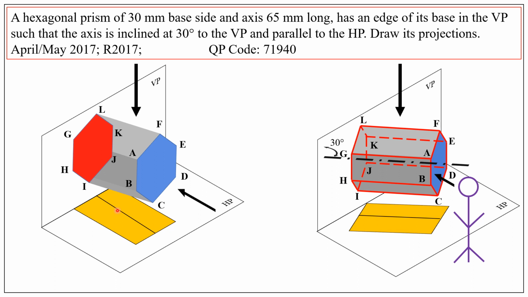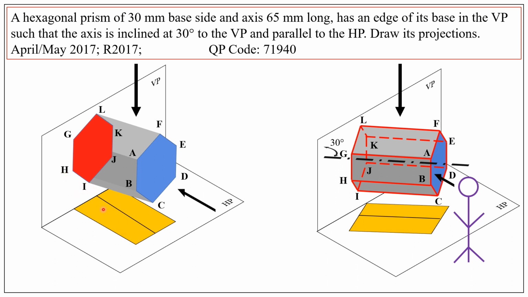Now, if you compare the top views of the given position and the assumed position, you will notice their geometry and the size or the dimensions are the same, and the difference is their orientation. Here the top view is inclined at an angle of 30 degrees to the vertical plane, but in the assumed position it is perpendicular to the vertical plane.